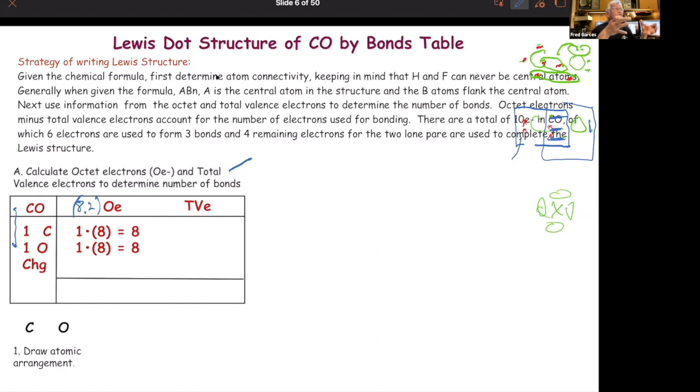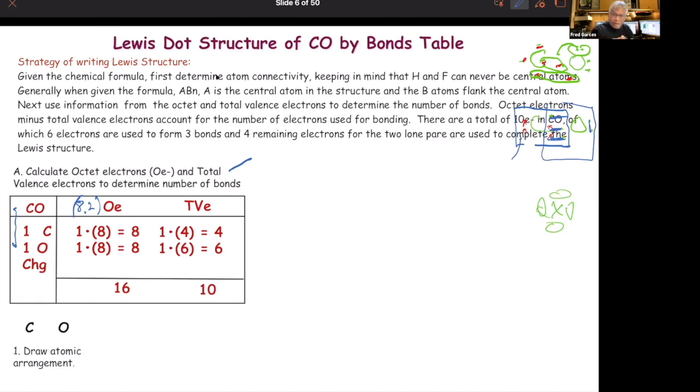Again, how many total electrons are going to be in the outermost shell if it's going to have the same number of electrons as a noble gas? It's either 8 or 2. Don't make it harder than that. But in reality, based on the periodic table, carbon only has 4, and oxygen only has 6. So if you add that up, you're going to be dealing with 10 electrons in your structure.